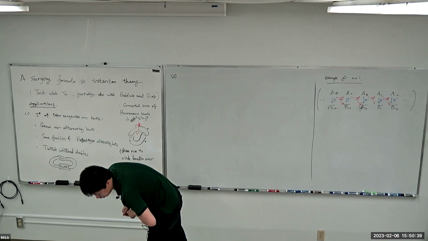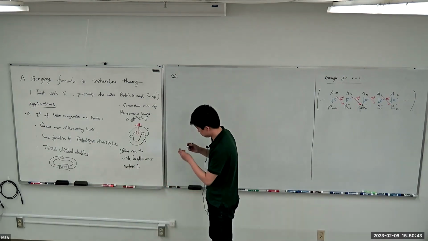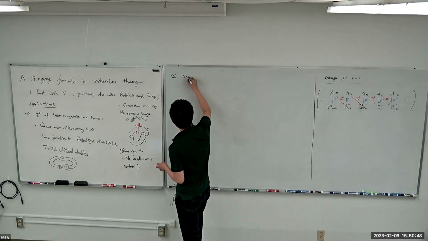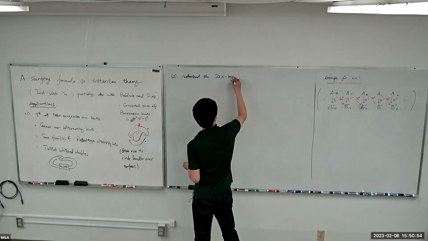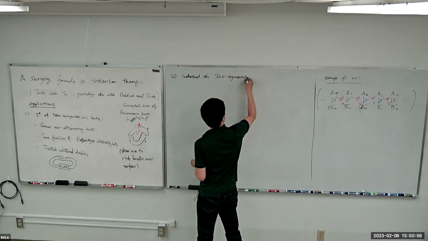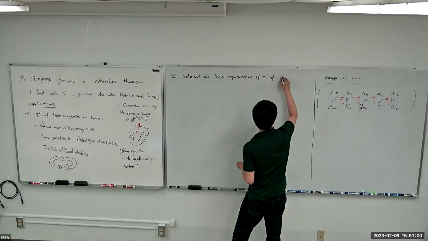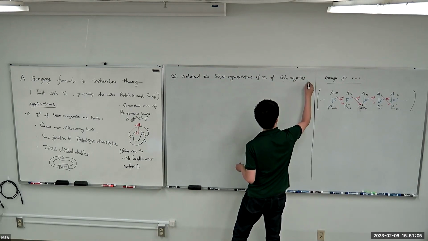Okay, and great. The other part is that we can use this surgery formula to understand the SU(2) representations of the pi_1 of Dehn surgeries.